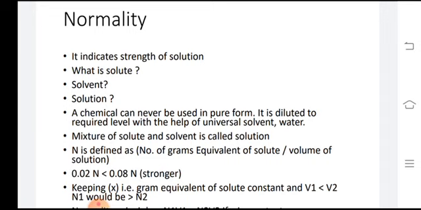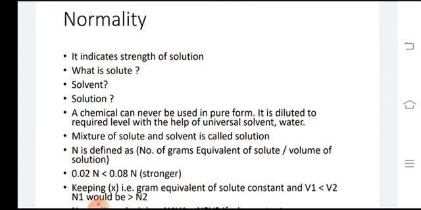We have an example: 0.02 normality is less than 0.08 normality, which is a stronger solution, because the volume will be the same, only the solute is changing.